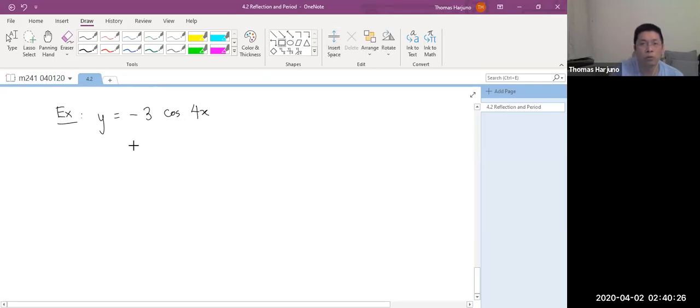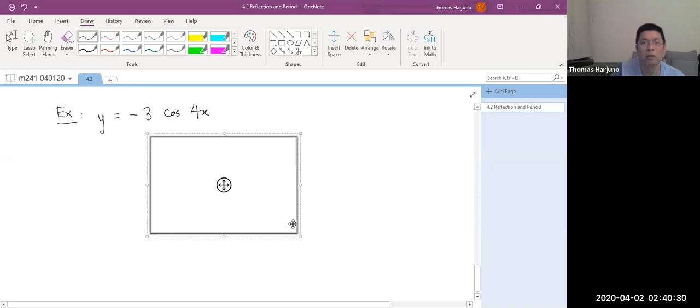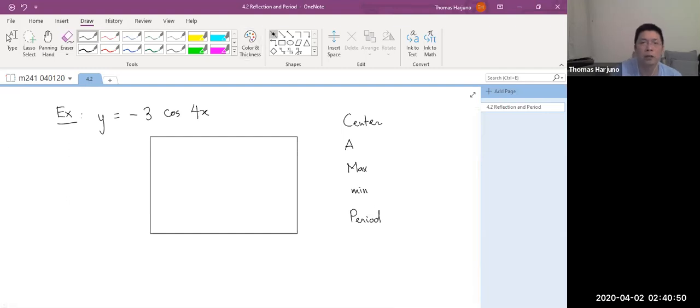Now, I want you to do that routine first. Find the center, the amplitude, the maximum, the minimum, but this time we add more. What's the period? Okay, now after that, then try to graph it.